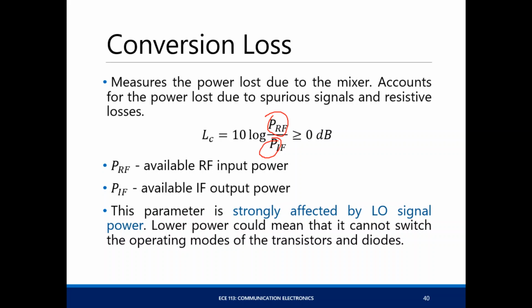For a down converter, the conversion loss is the available input power for RF divided by your IF output power. And this parameter is strongly affected by the LO signal power. So lower power could mean that it cannot switch between the operating modes of transistors and diodes.